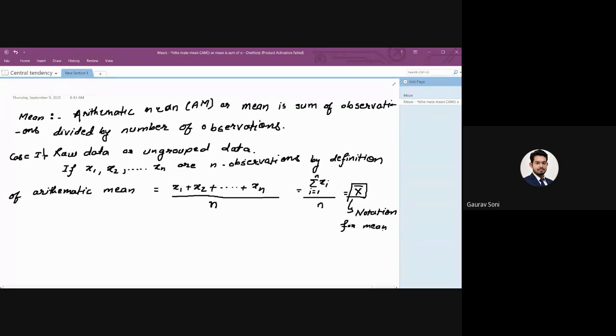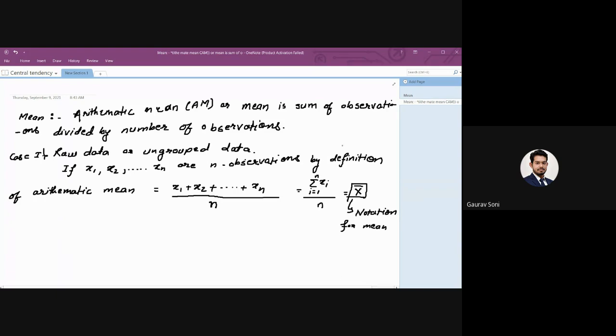Whenever I write this summation, I want to say explicitly, even if you already know it: when I say summation i running from 1 to n of xi, it means you have to vary i from 1 to n and add them.